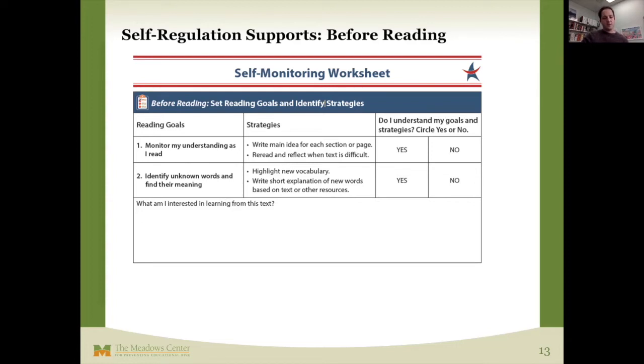The strategies that we encourage students to use were to highlight new vocabulary when it appeared in text, and then to find the meaning of the words using context or other resources, and to briefly write down some notes related to the meaning of the word. So that goal setting would occur before reading, and there's reading goals around strategies, and then there's also goals about the content. So there's a question there: what am I interested in learning from this text?